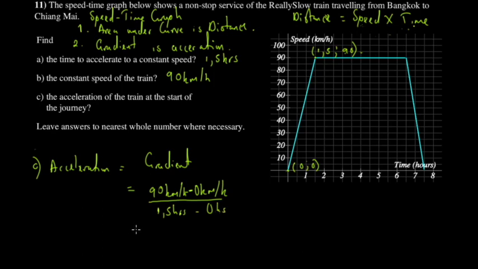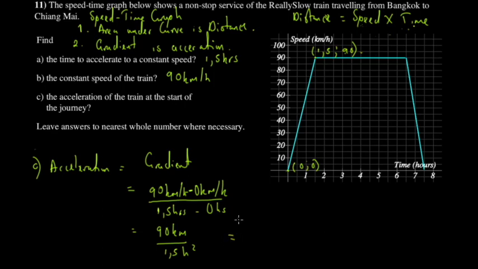So you'd actually get 90 kilometers per hour divided by 1.5 hours. We were going to leave it in the units that we were given.